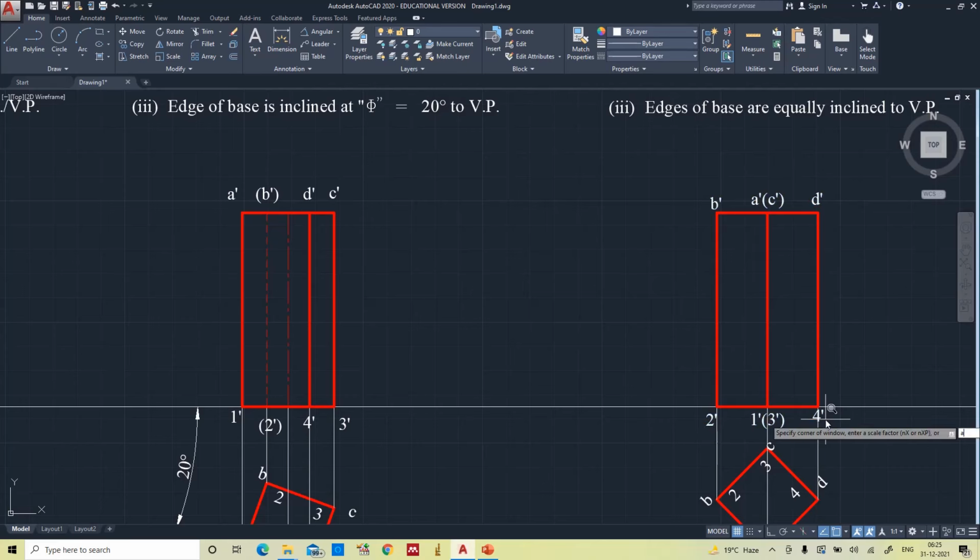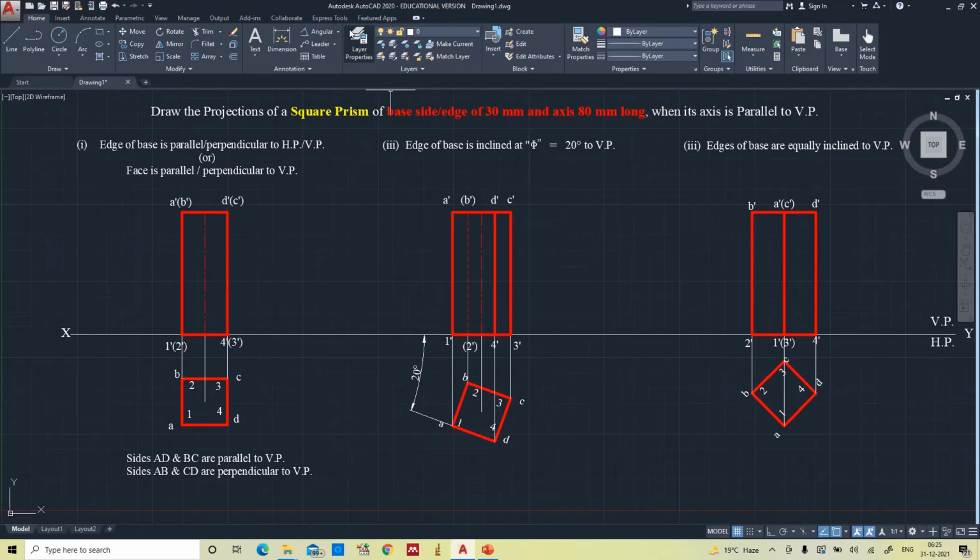That's it. So let us give the dimensioning for everything. So height of the solid and the side of the base, the same height of the solid and then side.